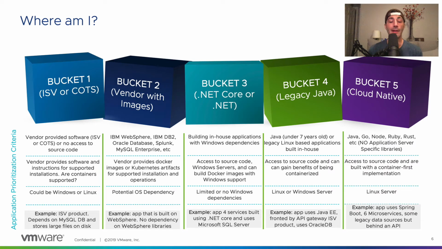And then I've got bucket 5. This is where I start moving along, and I am trying to be more cloud native in how I develop and how I make everything available to be able to be deployed as well. So you're using modern development languages. You're really Linux native here at this point.